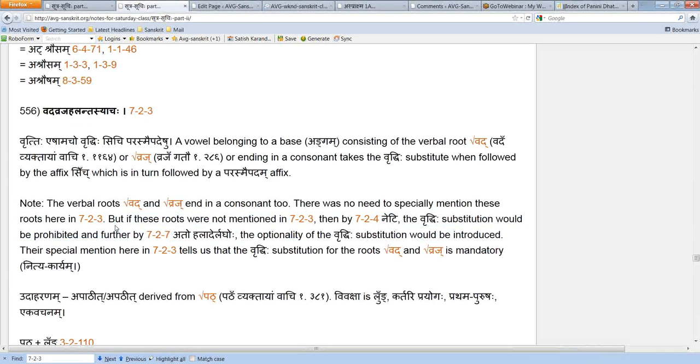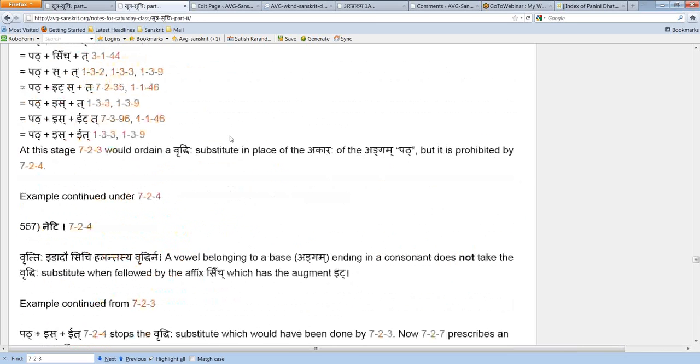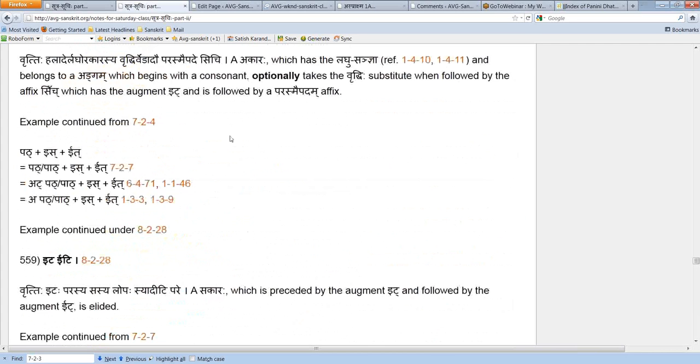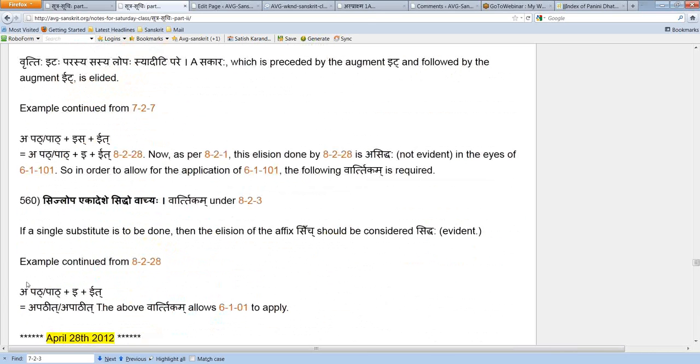But then what would have happened is that, if these roots were not mentioned, by Neti the Vriddhi would have been prohibited, and then by Atohala de Laghoh, basically the same thing that we had for Patha would have happened to them also. Just like in Patha, we got two forms, Apatit and Apaptit, the same thing would have happened for Vada and Vraja also.